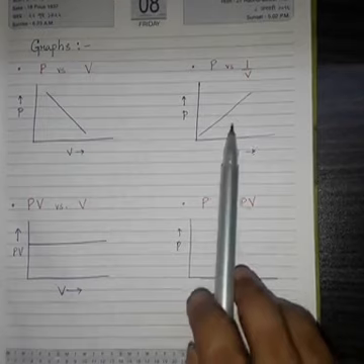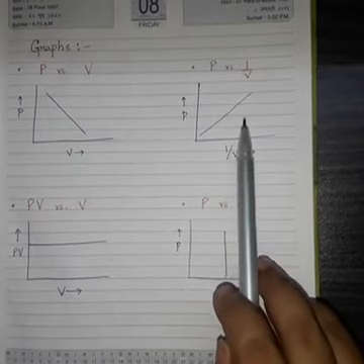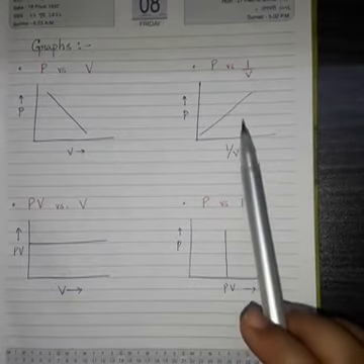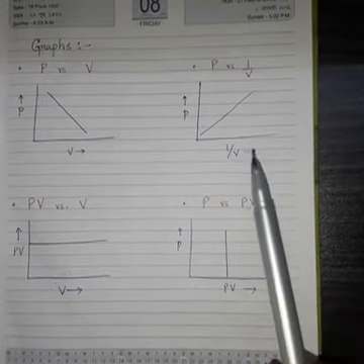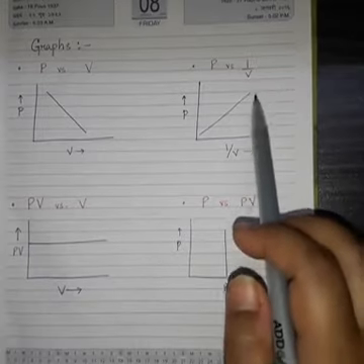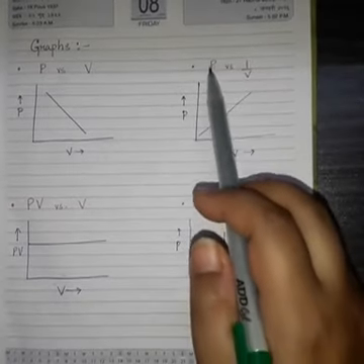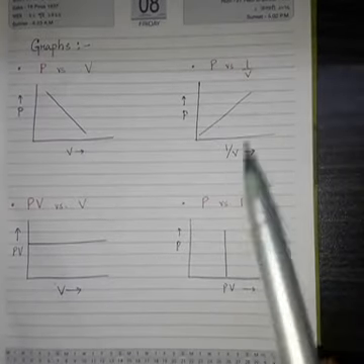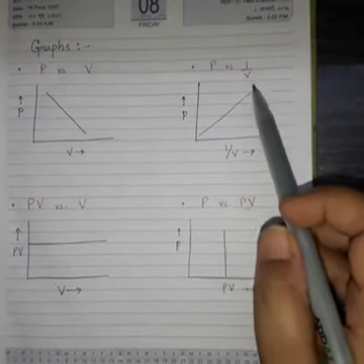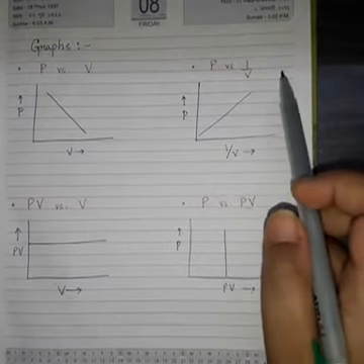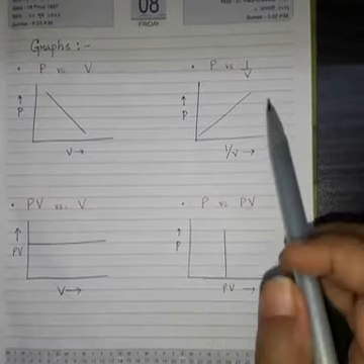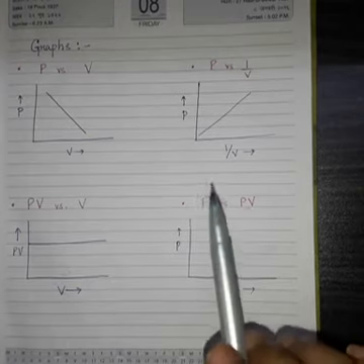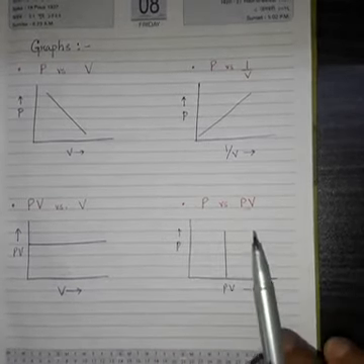Now let's look at the second one. The second one is P versus 1 by V. Now when we talk of P versus 1 by V, mind you, I have already inversed V. So now this P and 1 by V are directly proportional to each other. I repeat, when I write 1 by V, I have already inversed V. So now it will be a positive sloping line.